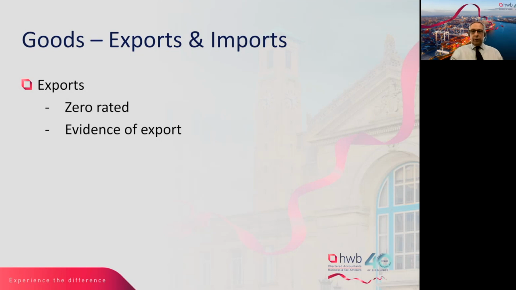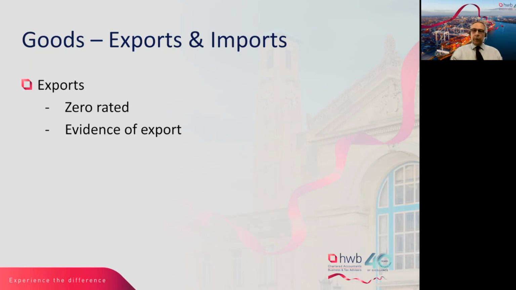Another important part of this is retaining the documentation. HMRC can ask to see this at a later date, so it's important that it's retained. And treating a delivery to a UK address where we're supplying an overseas customer is not an export unless we've got evidence that the goods are actually leaving the UK.